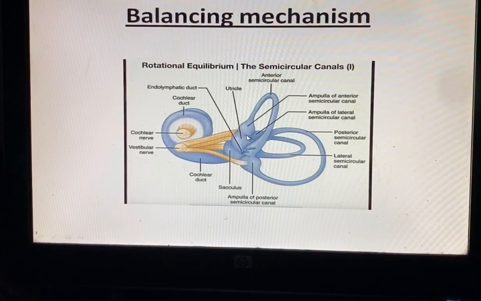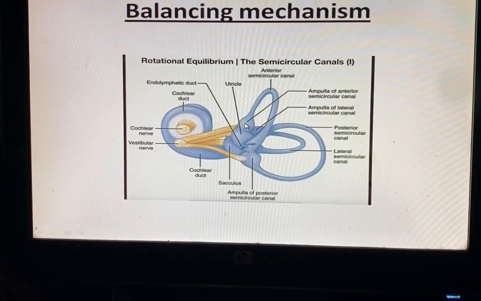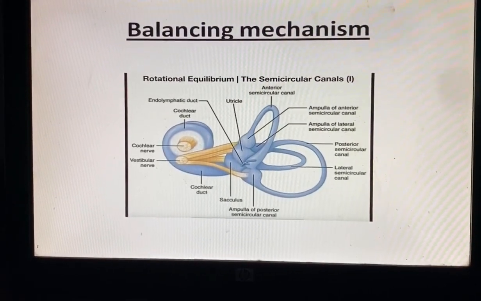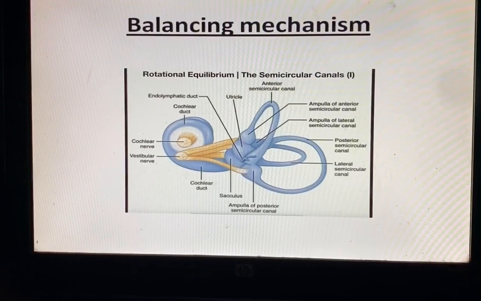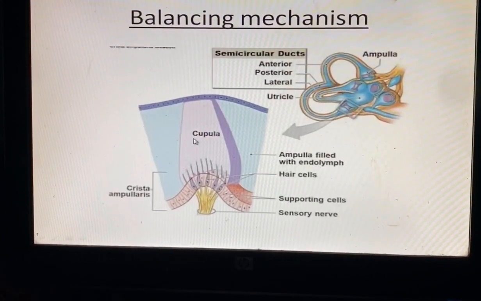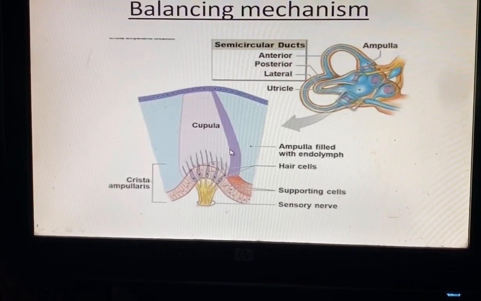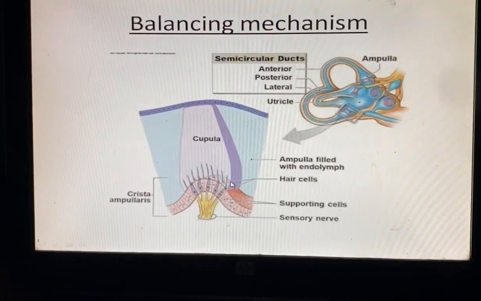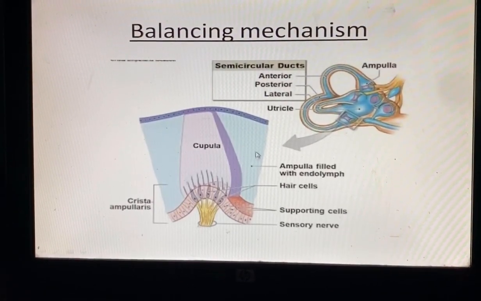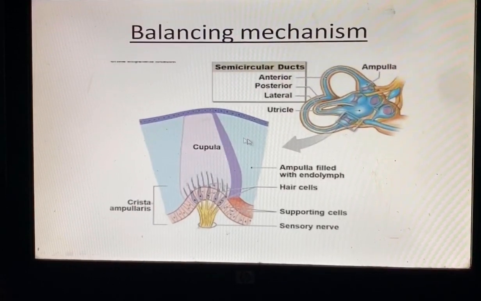At the base of the semicircular canals, the swollen portions are called ampulla, and inside the ampulla special features are found, known as the cupula. See here, the cupula is a pear-shaped or swollen structure which is embedded in a jelly-like liquid called the endolymph, right?